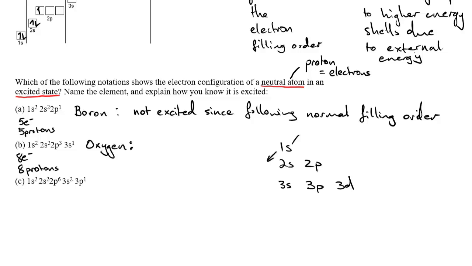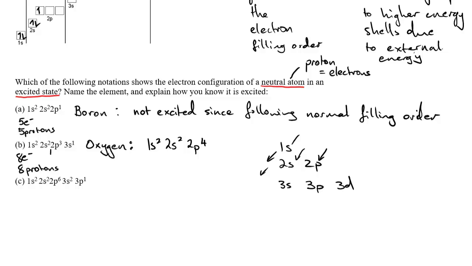If you wanted to fill in the oxygen as per normal, you would have 1s2, then 2s2, 2p6. No, it wouldn't be 2p6; remember we have to get up to 8 electrons, so it will be 2p4. Okay, so this p shell is going to contain 4 electrons in it.